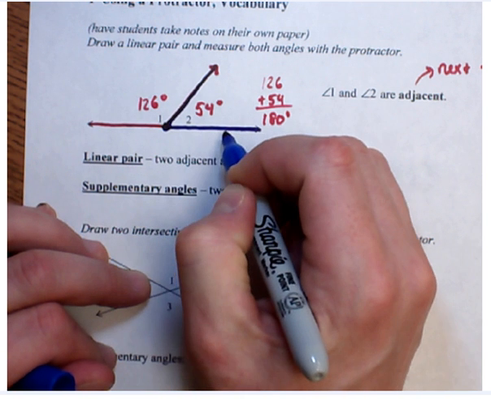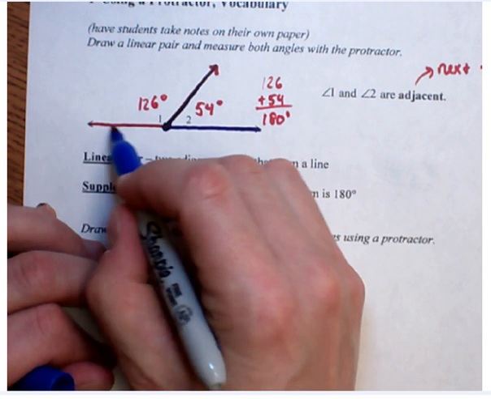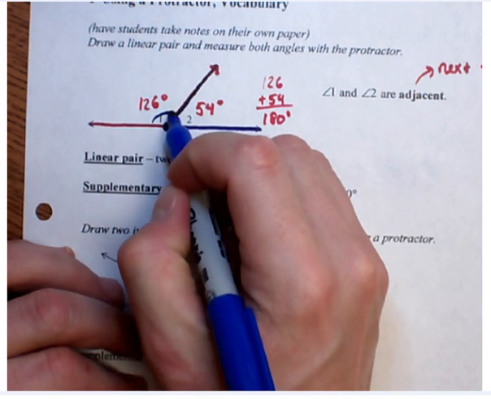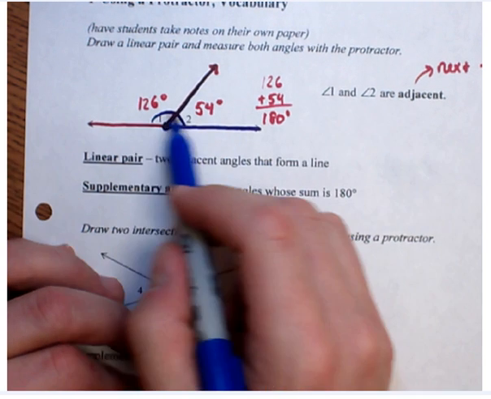They're collinear, basically, so they form a straight line. Yesterday you learned that a straight angle is always 180 degrees, so they should add up to 180.